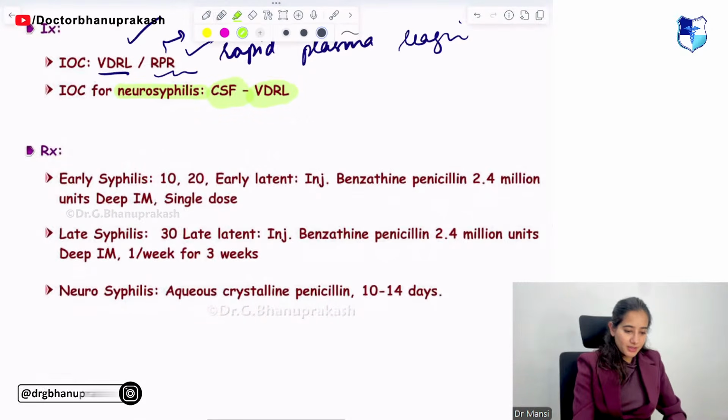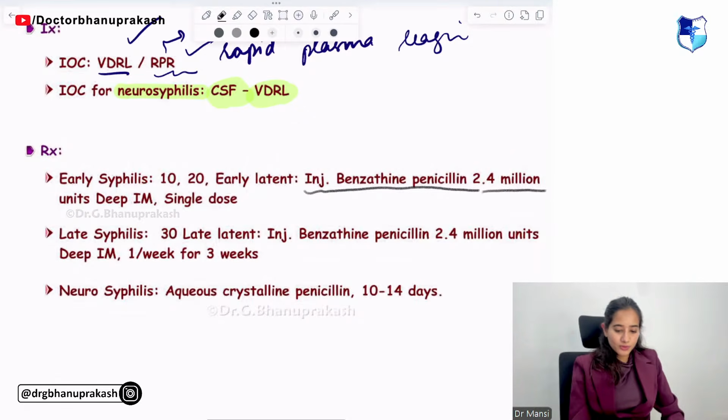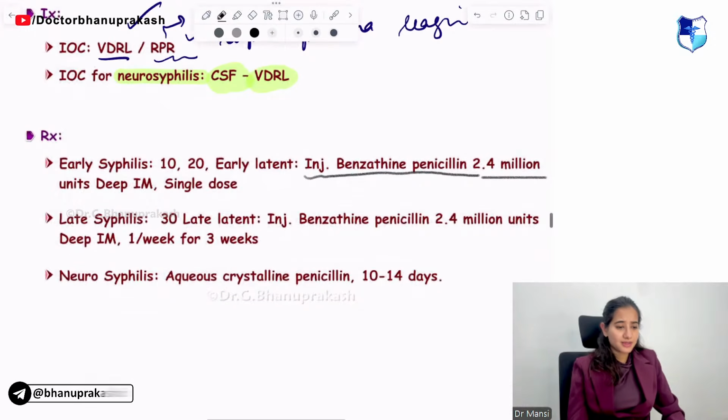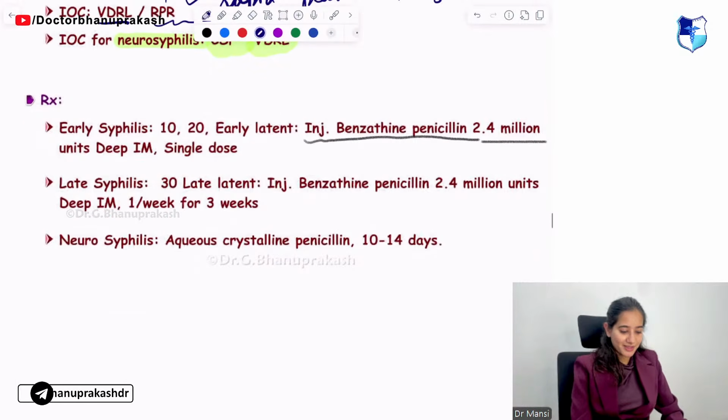So now let's discuss the treatment. For early and latent syphilis, you give injection benzathine penicillin 2.4 million units deep IM. Probably you won't be asked the treatment, but you just need a basic idea.